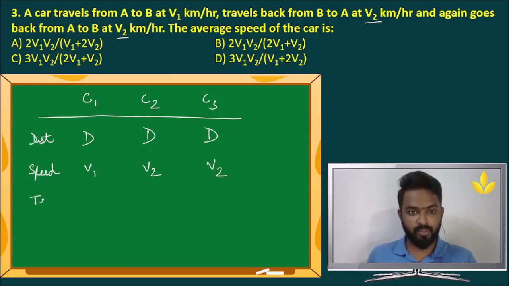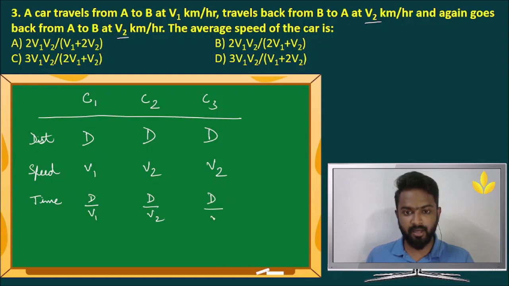Now when it comes to the time, what is the time? Distance by speed: d by V1, d by V2, d by V2. This is what we have. Now what is the average speed of the car? Average speed is nothing but total distance by total time.